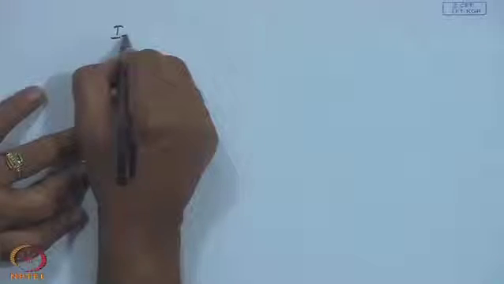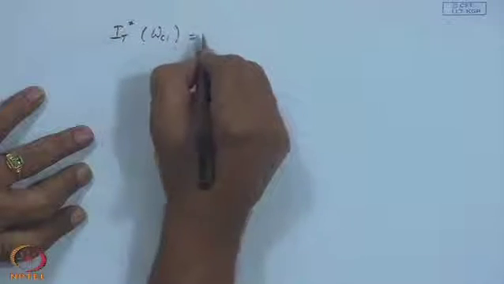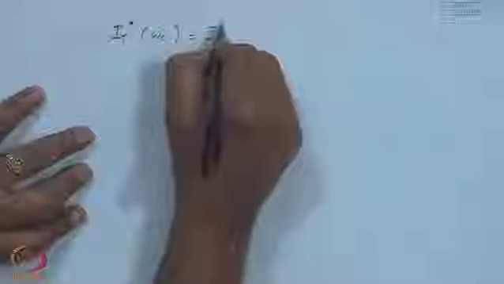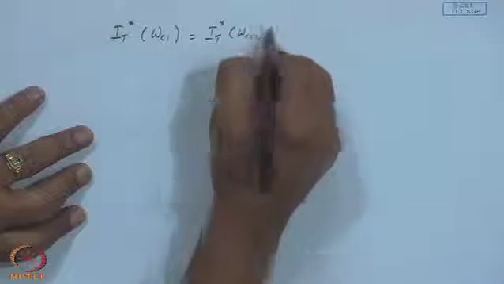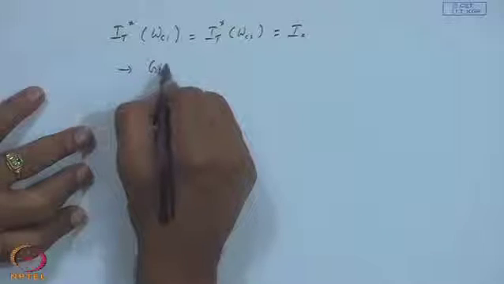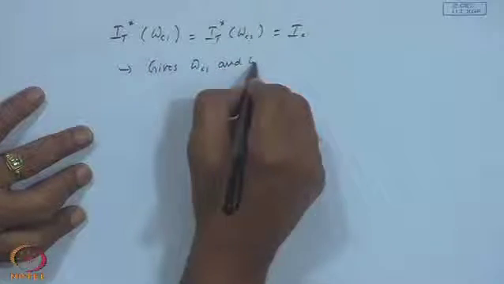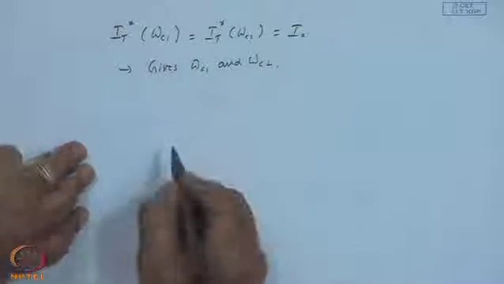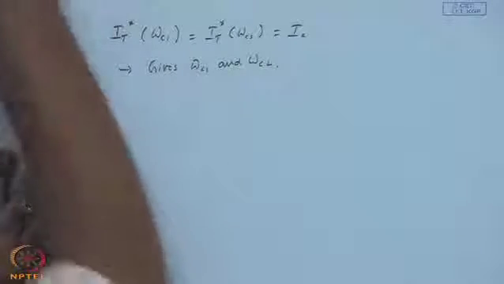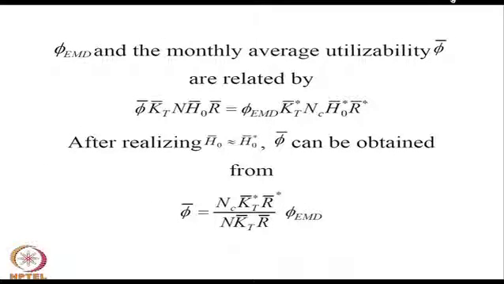So, this IT star omega C1 equal to IT star omega C2 equal to IC. This gives omega C1 and omega C2. So, that can be expressed in terms of RT and RD correlation, there is no problem.